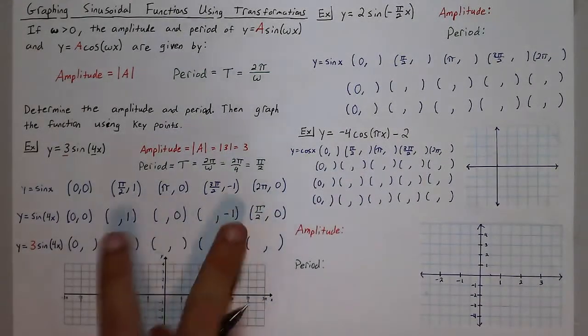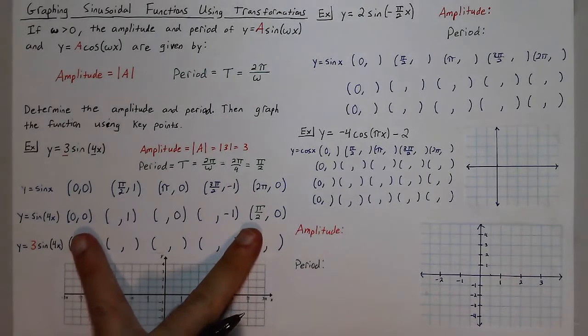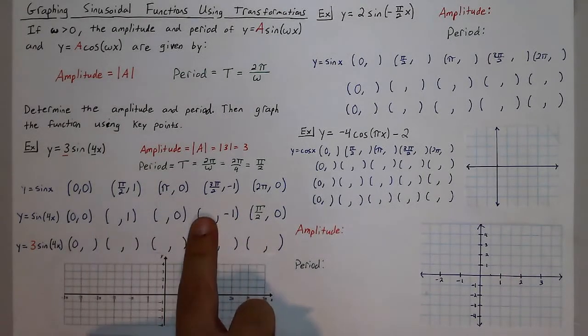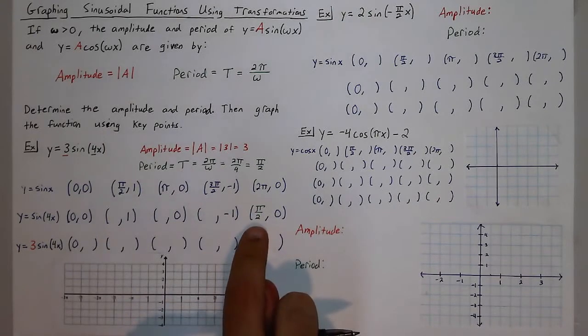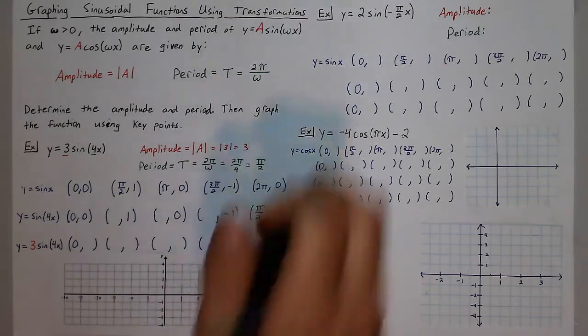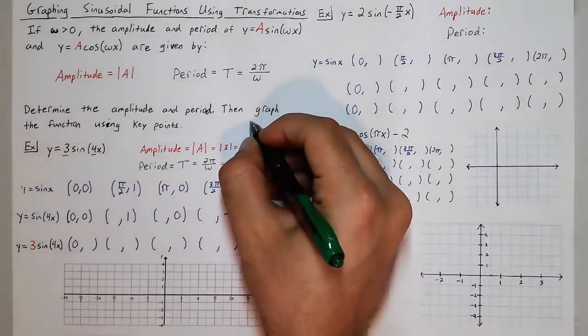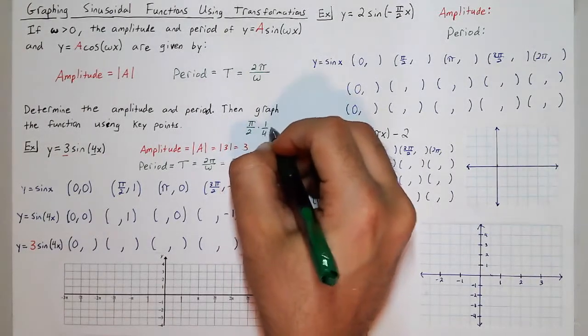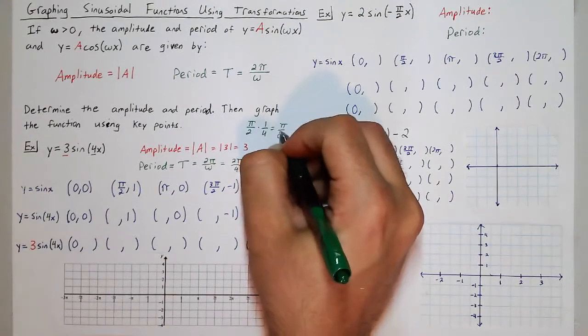Now, the way you graph using these key points is we need to evenly distribute this period among all the points, which means dividing the period into 4 equal parts. So pi over 2 divided by 4, which is the same thing as multiplying by a fourth, is pi over 8.